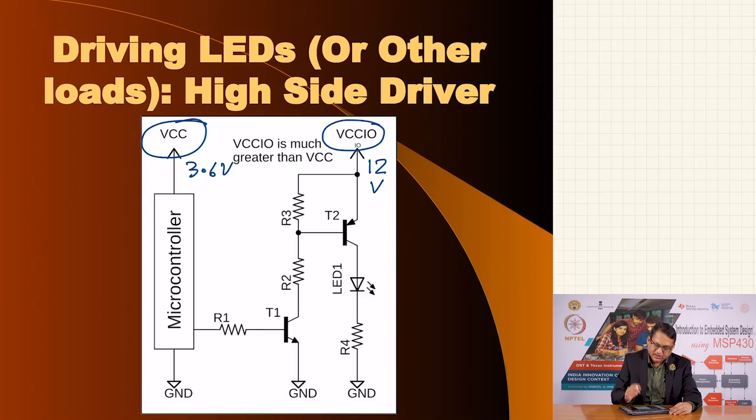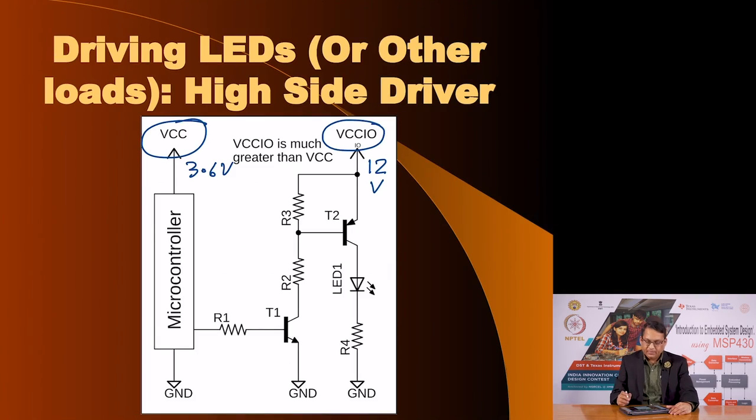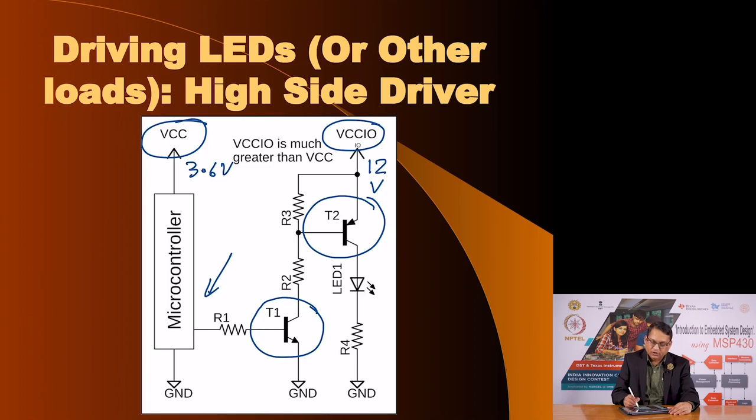This is the configuration that we require: apart from the PNP transistor T2, we also need another transistor T1, which will isolate the voltage that appears at the output pin and ensure that transistor T2 can be turned on or off. Let us understand the voltages that are available here.